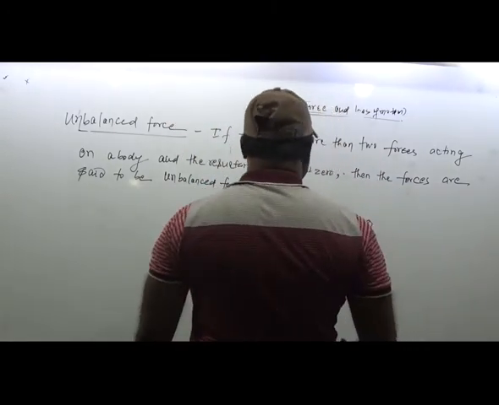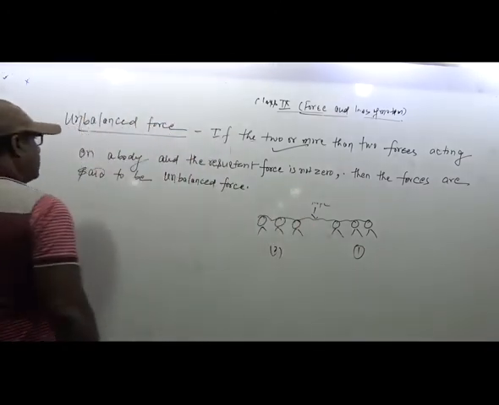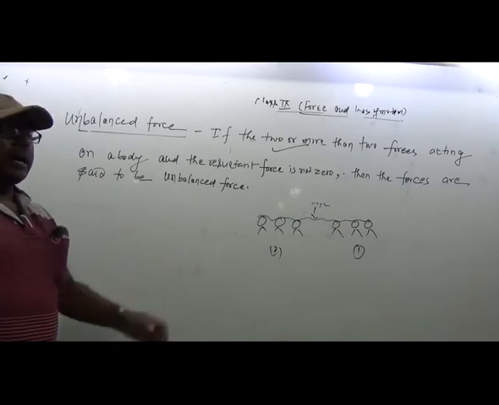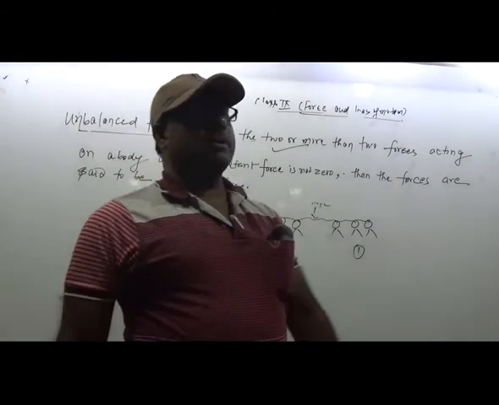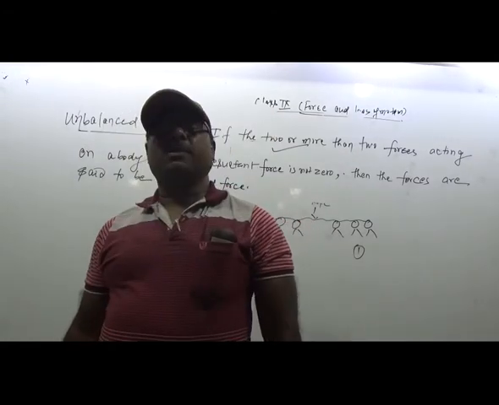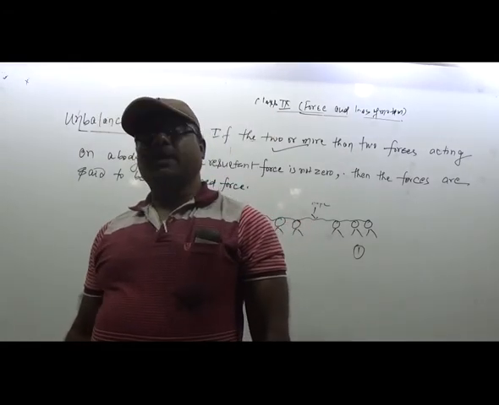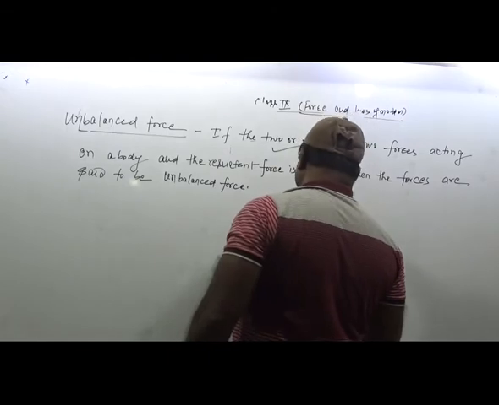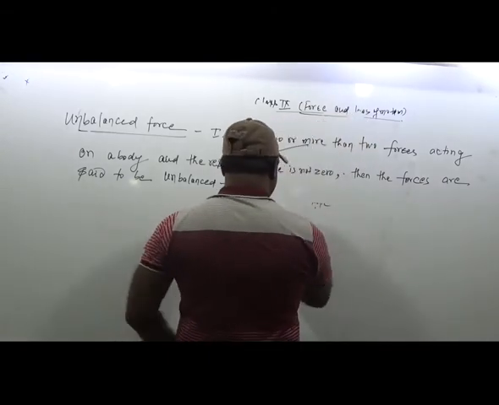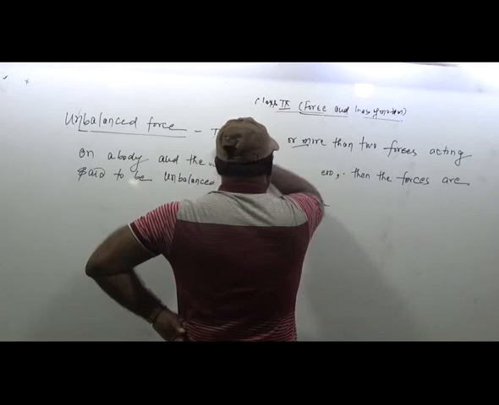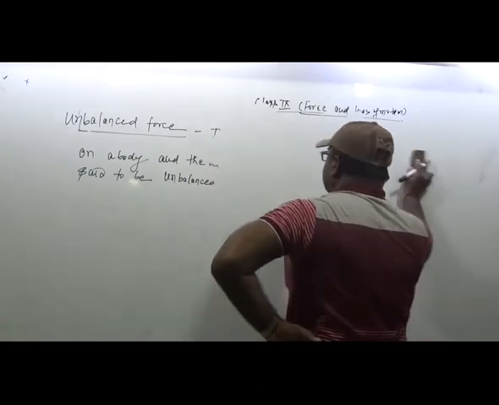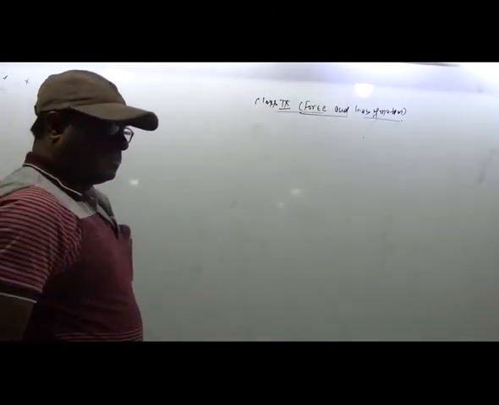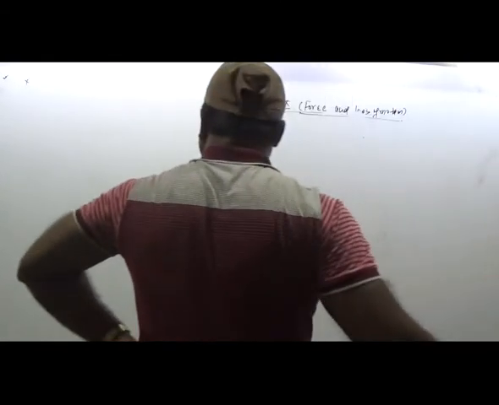So if two or more than two forces are acting on a body and the resultant force is not zero, then the forces are said to be unbalanced force. Now, can you tell me what are the consequences of balanced and unbalanced force?